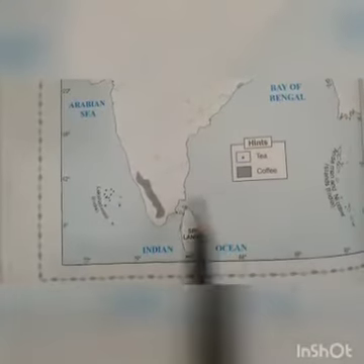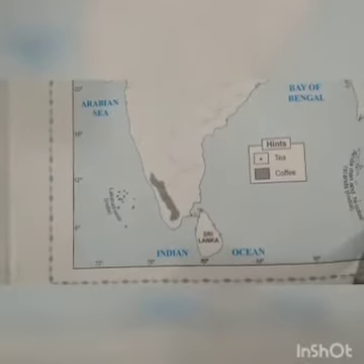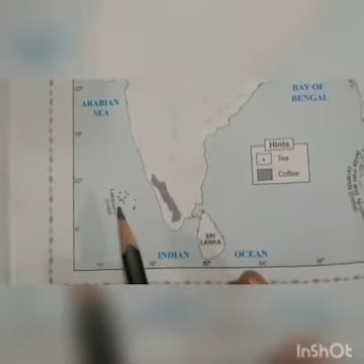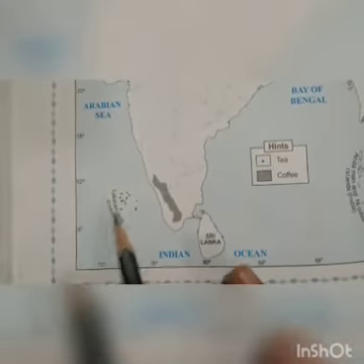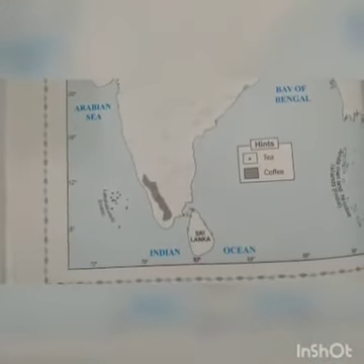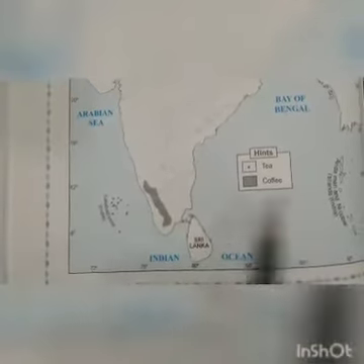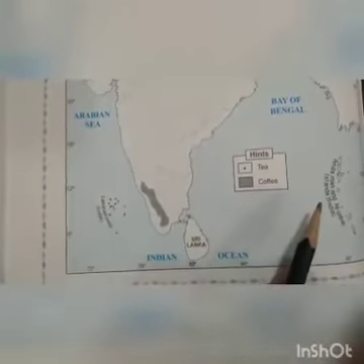That is why the climate is very hot, right? Equatorial climate means very hot climate, and throughout the year there is rainfall, right? So that facilitates the growth of trees. That is why these islands are covered with thick forest.